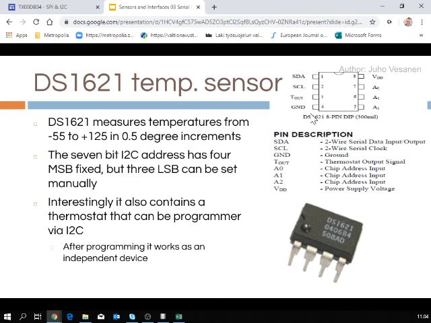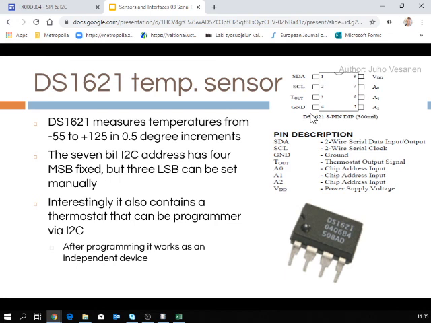There's one temperature sensor like that. Actually, this is a pretty useful device if you want to have a self-working thermostat for some application.